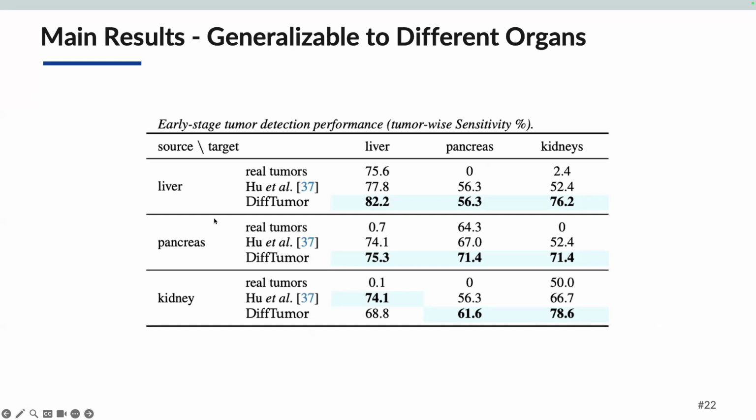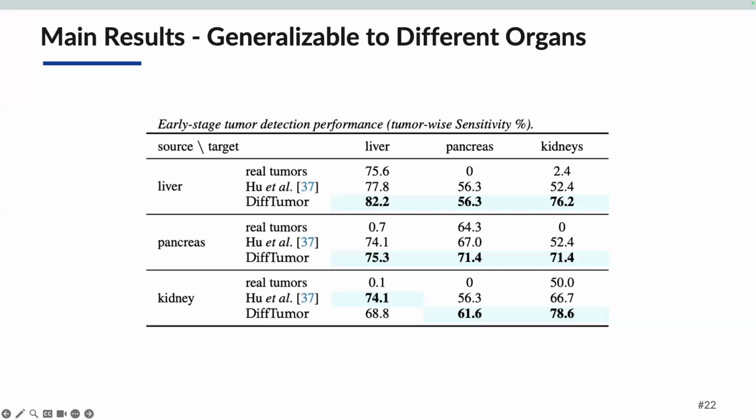For example, the source data is the training data, like liver, pancreas, kidney, and we evaluate these 3 models on different target organs, for example, liver, pancreas, kidney, respectively.